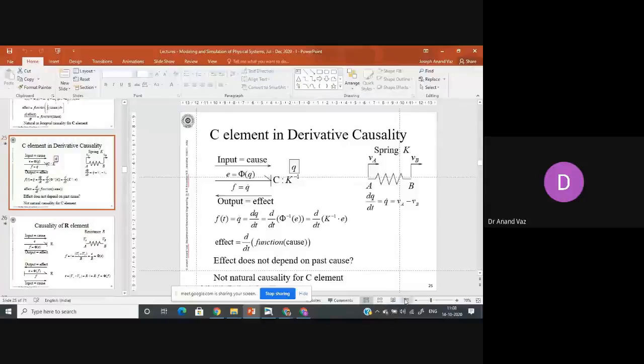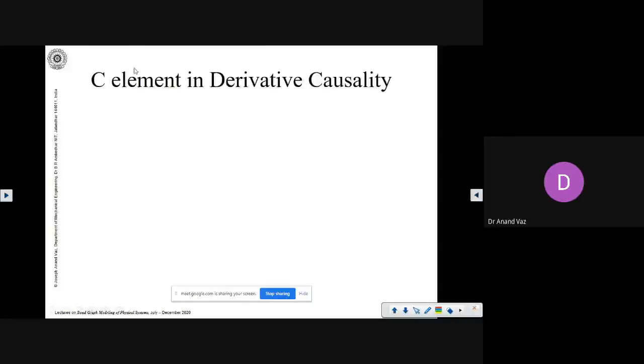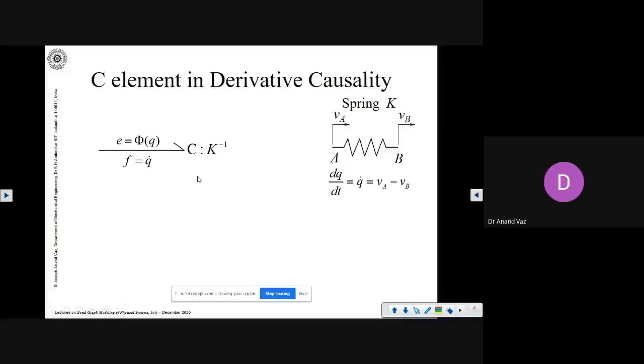If we look at the causality of the C element in derivative causality, we can see that this spring, if we write its causality, suppose the input is effort, and the spring has to determine its state, which is the generalized displacement or the deformation in this case, and it has to produce an output effect, which is the derivative of this state.